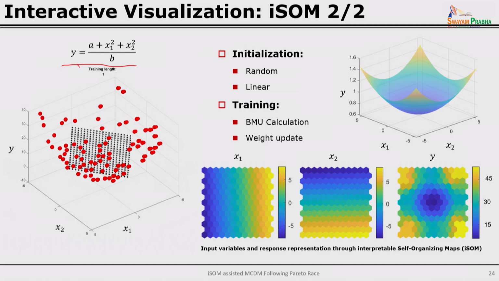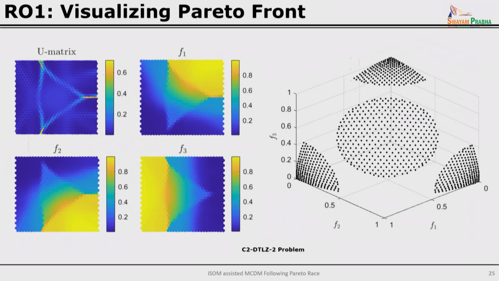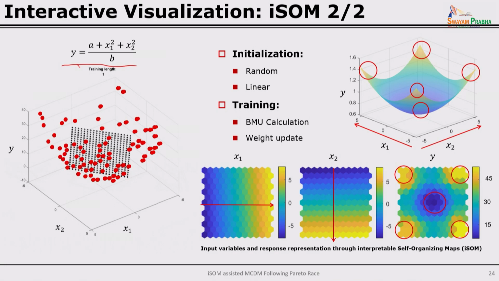So the weights of these black dots that we are seeing here, the animation is not coming, but that's fine. What will happen is the weights of these black dots will be dragged into this data space, so over time they will take the shape of the bowl function.